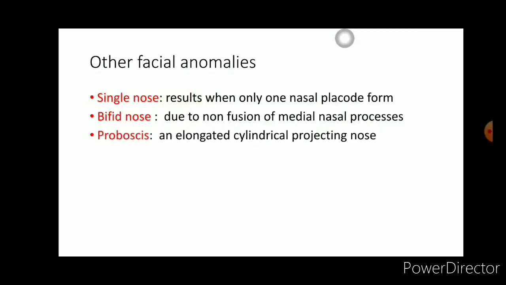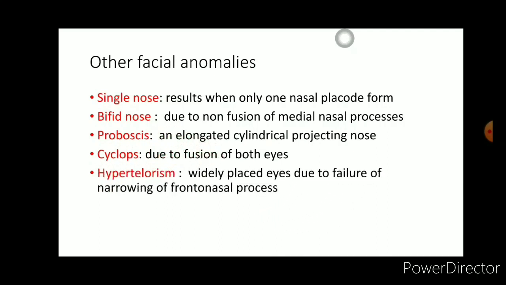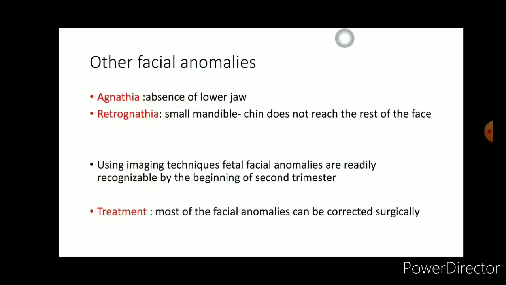Proboscis is an elongated cylindrical projecting nose. Cyclops is due to fusion of both eyes. Proboscis and cyclops are both found together. Hypertelorism is widely placed eyes due to failure of narrowing of the frontonasal process.